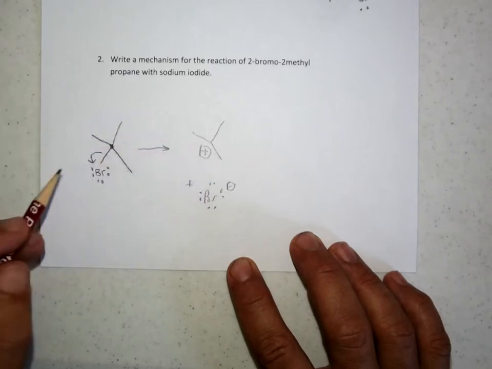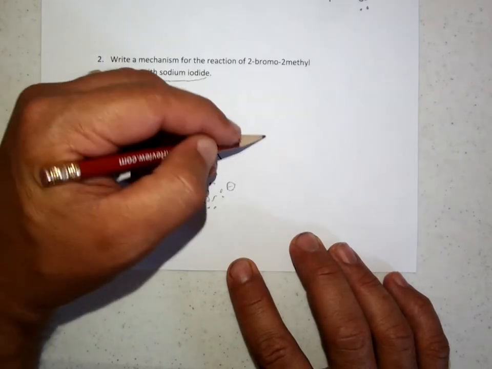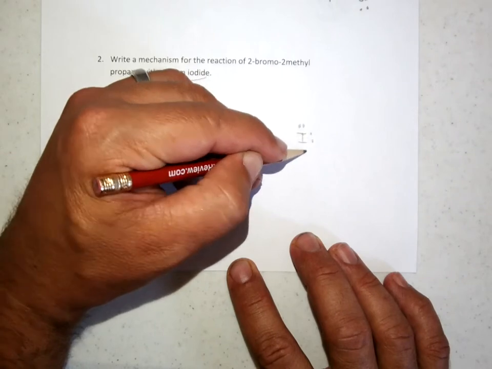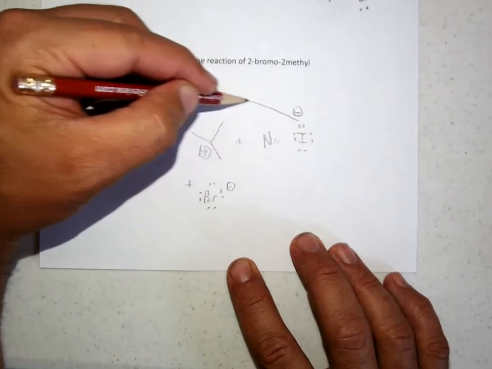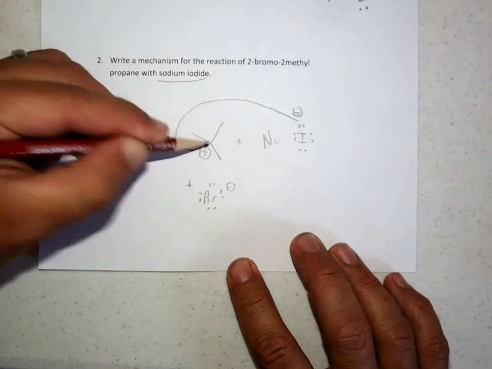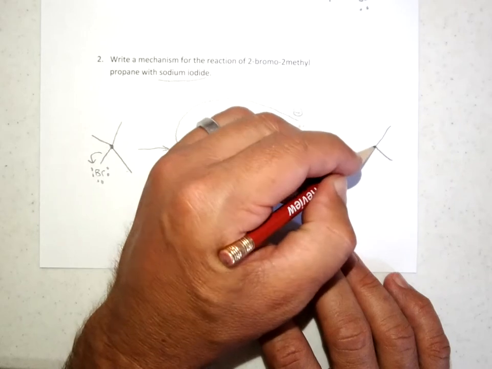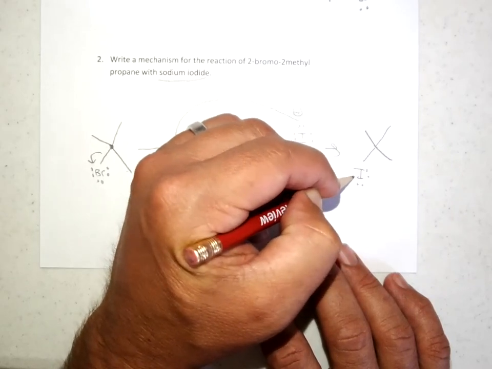And then just like the last one, if you have an abundance of sodium iodide there, the sodium iodide will get involved in the second step, where the iodide nucleophile will go and bond where the bromide was. So that'll give us our iodide product.